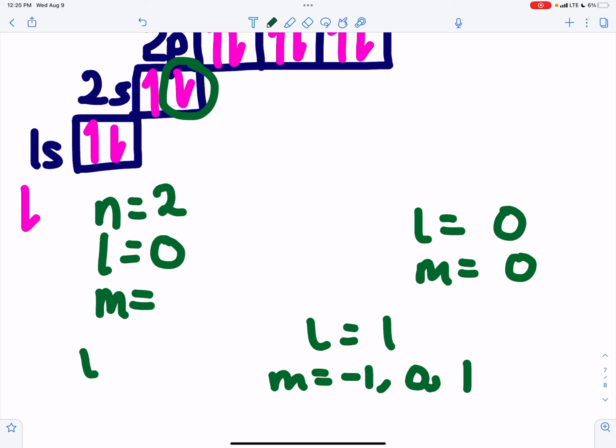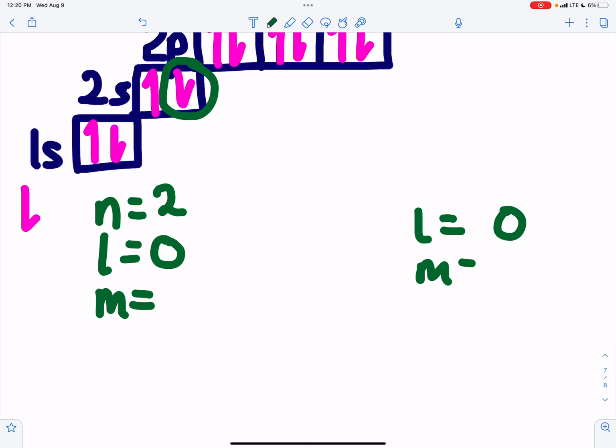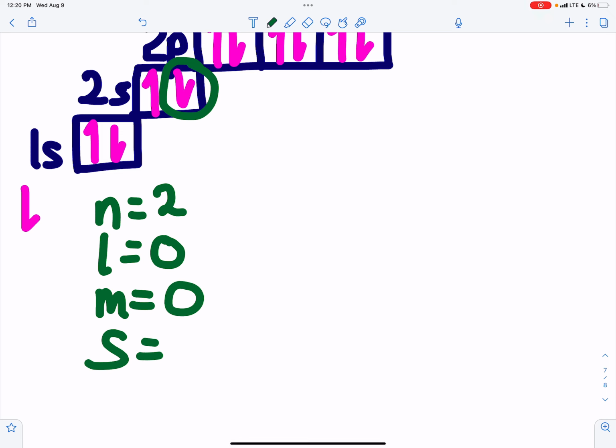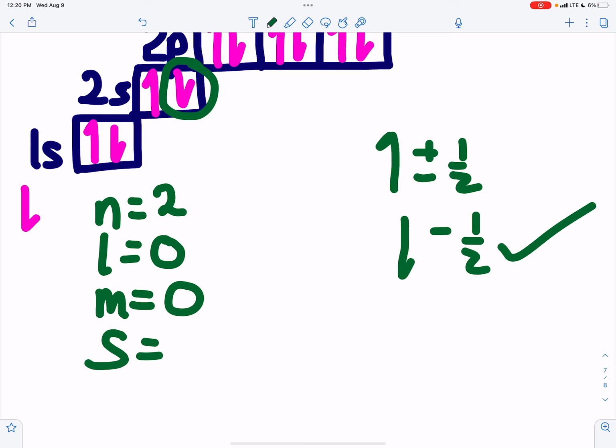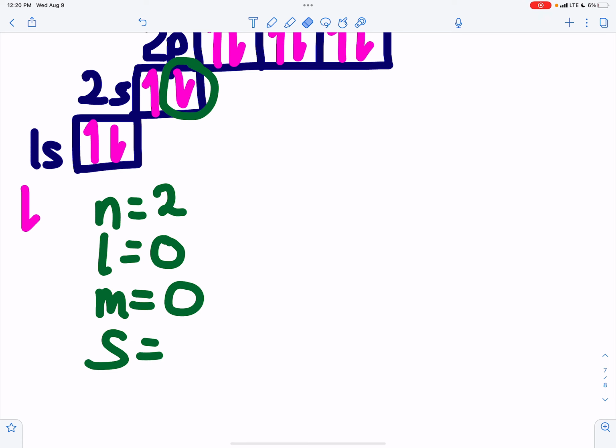That tells us that the magnetic quantum number of that electron is 0. Spin quantum number now. Is it pointing upwards, plus half, or downwards, minus half? It's pointing downwards. So its spin quantum number will be minus half.